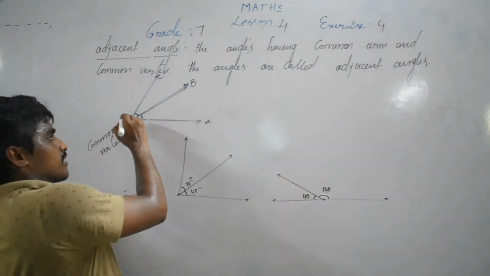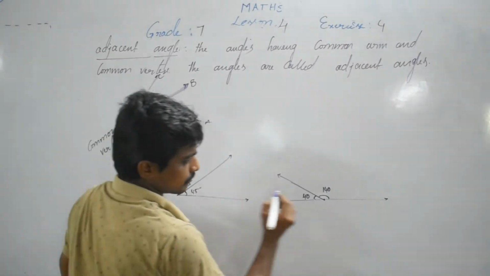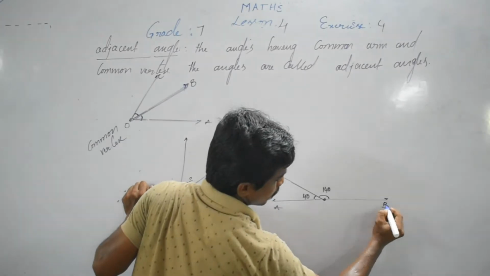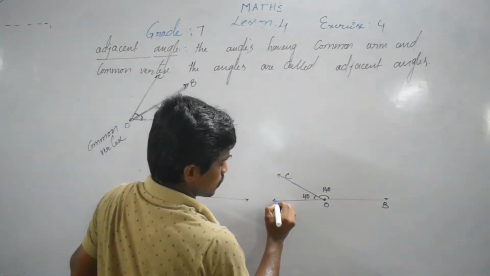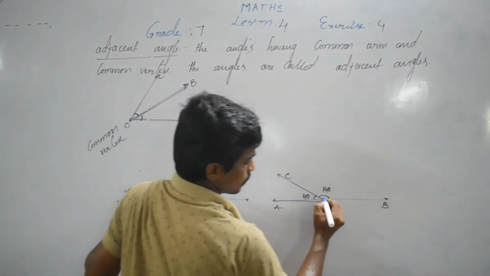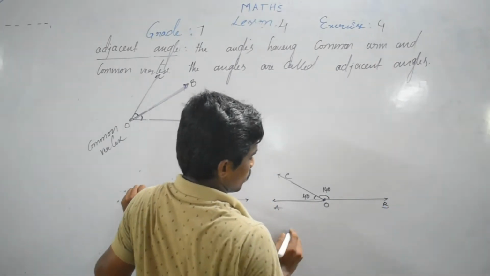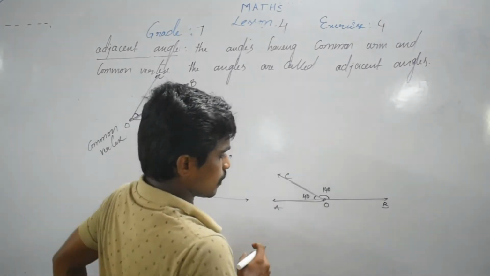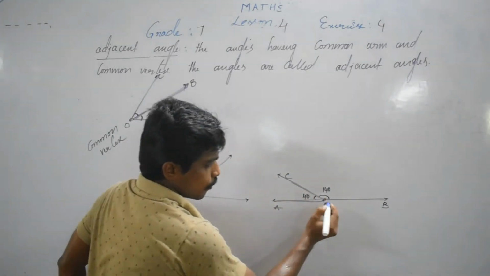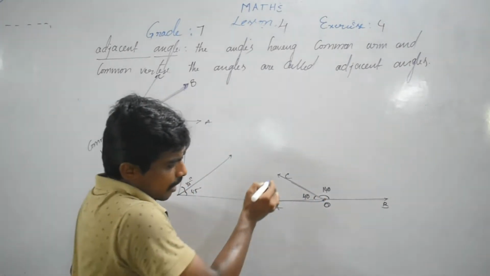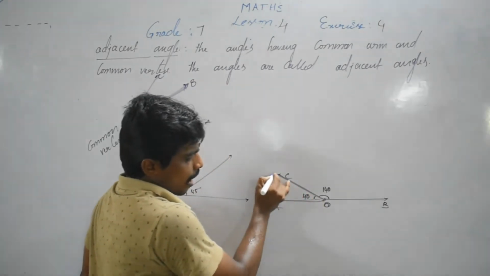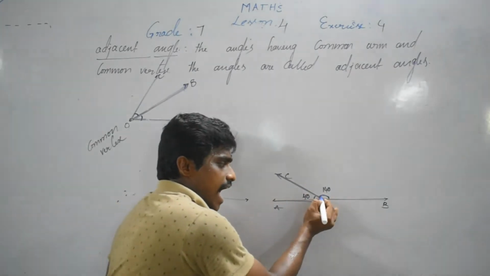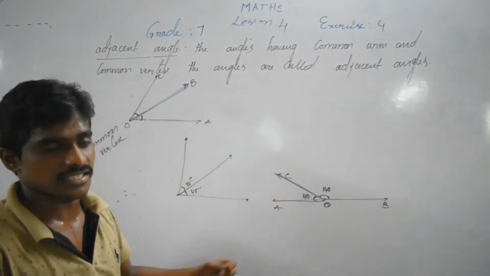Here see, the common vertex. This is A, B, O, C. Ray OA, ray OB, ray OC. Here the common vertex is O and the common arm is the common ray OC. So these angles we call adjacent angles.